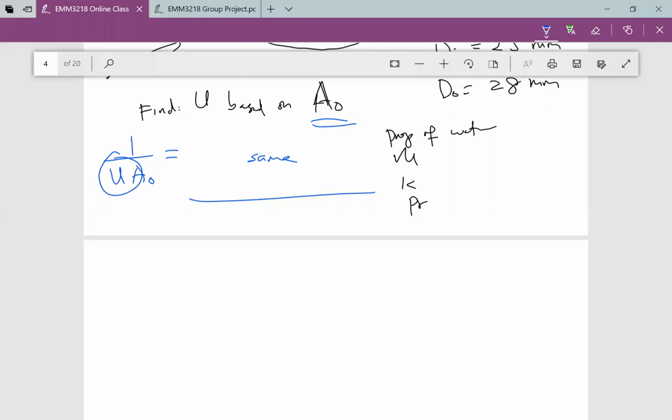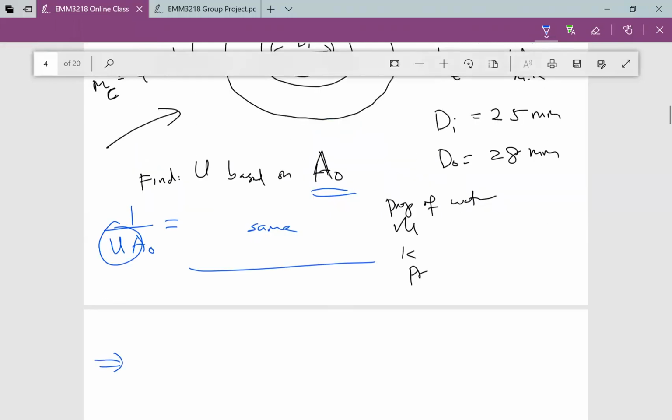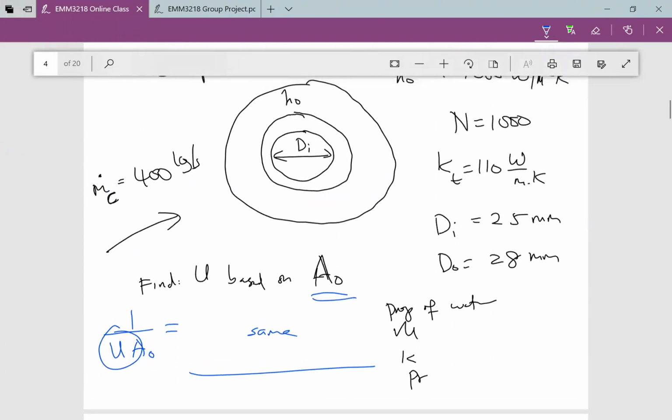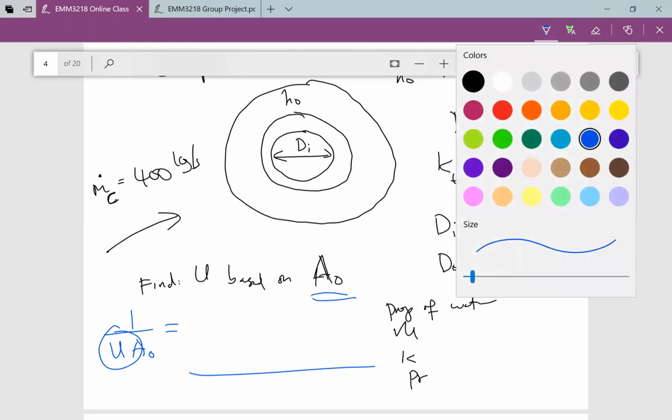So later on, you need to write it as, in this case, we don't have fouling for the first part A. I think part B is talking about fouling. So part A, no fouling. Then what we have is only the convection and conduction. So let me write it first.